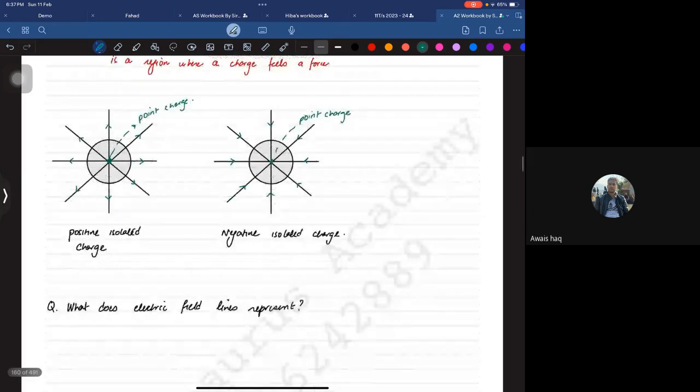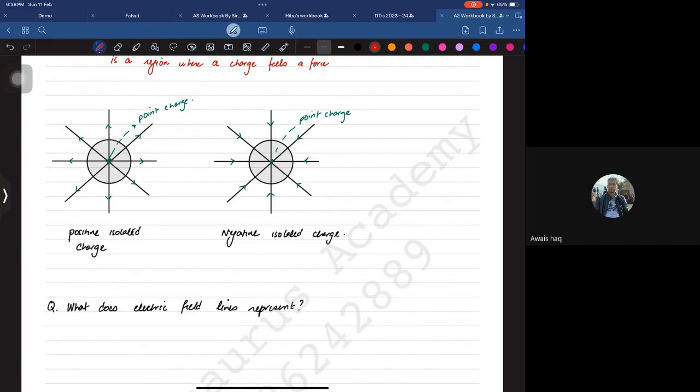Now, we need to understand why these lines go out from positive and go in to negative, because the direction of the electric field depicts the direction of force on a stationary positive unit charge.